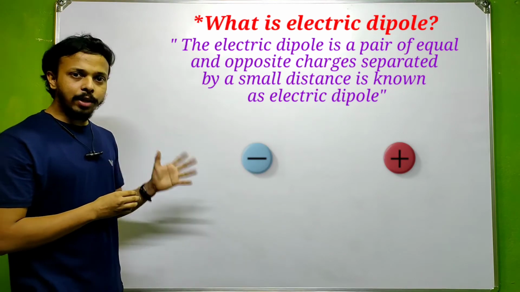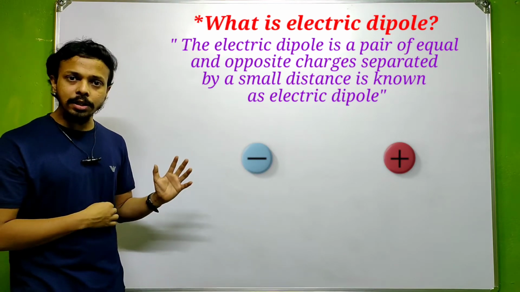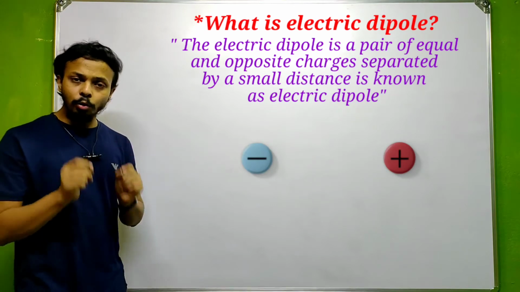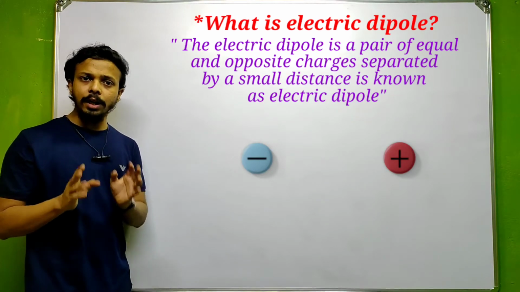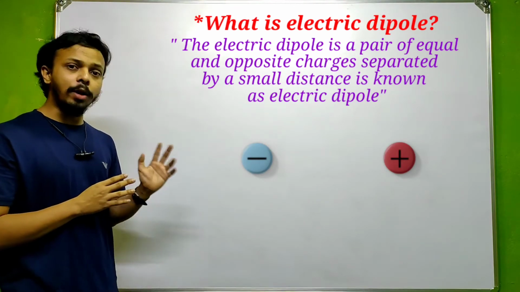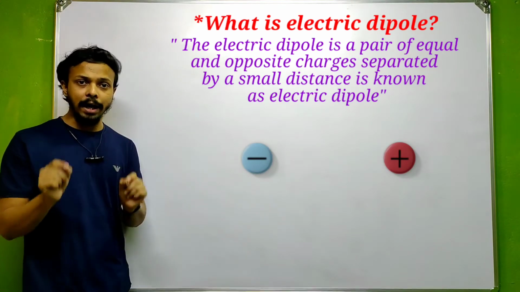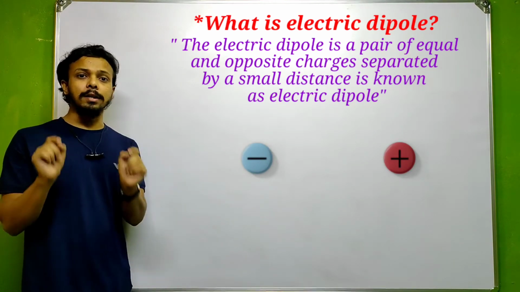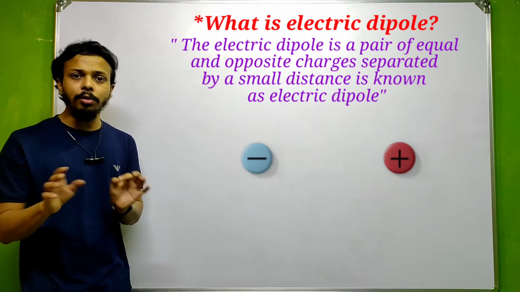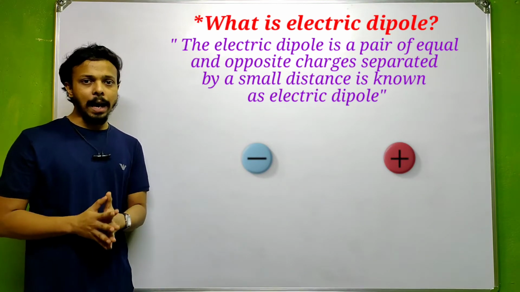So it consists of two charges of opposite polarity, positive and negative, and both should have the same magnitude. That is the condition. If they have a different magnitude, then it is not called a dipole.